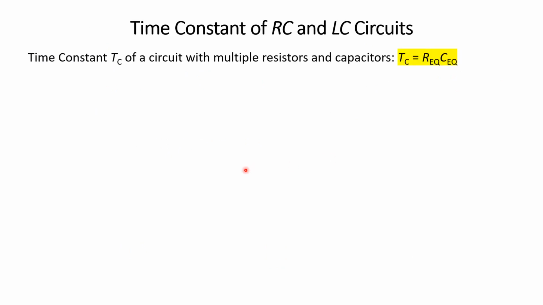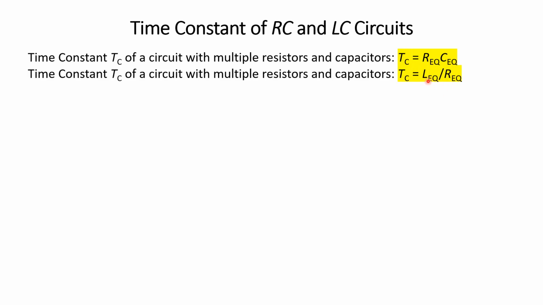Now, time constants in RC circuits and RL circuits when we may have more than one resistor or inductor or capacitor. The time constant of an RC circuit is the equivalent resistance times the equivalent capacitance, RC, and in case of an RL or LR circuit, this is L over R. Now this is a circuit where we have one energy storing element and more than one resistor. So here L equivalent is only this inductance, and we will find the equivalent resistance seen by this inductance.